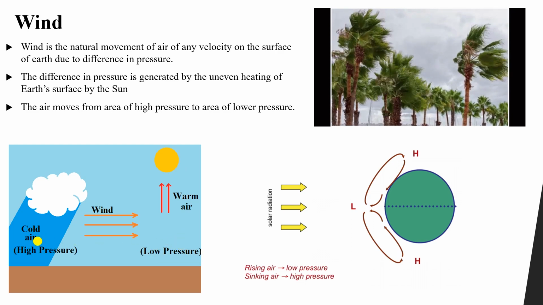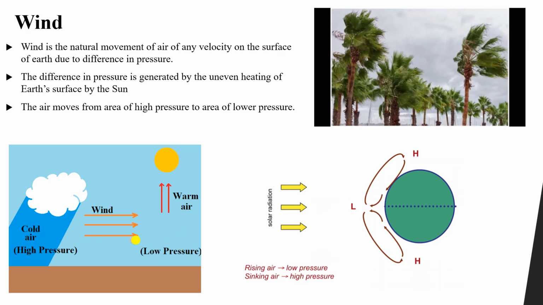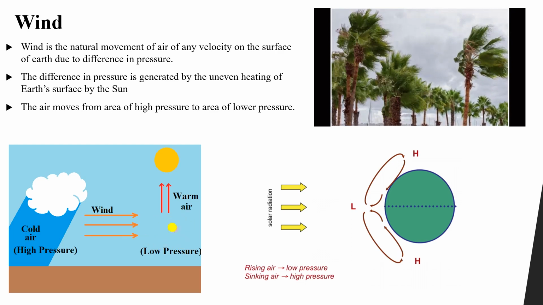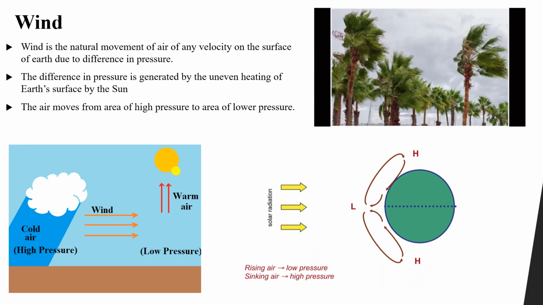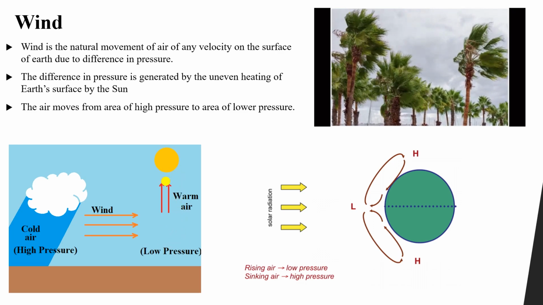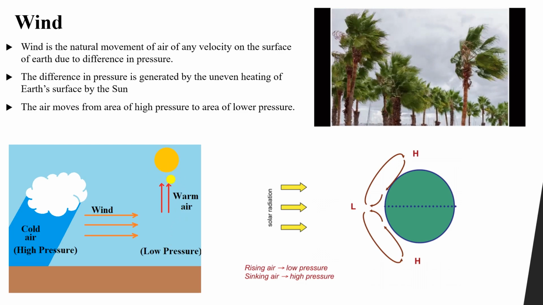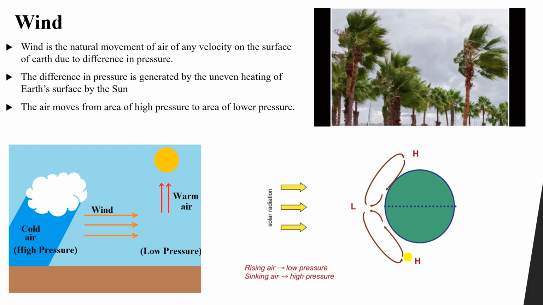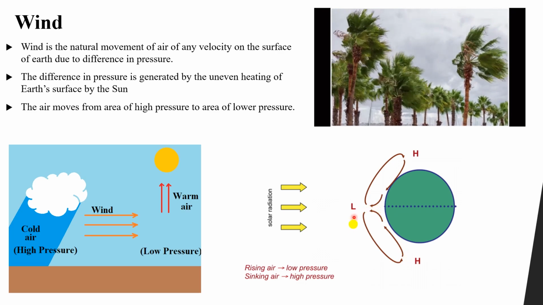So from high pressure to low pressure, the wind starts blowing. Now, when it reaches the low pressure due to the presence of warm air, it will start heating up and moving upward. Then it goes back to the cold area, like this. It moves from high pressure to low pressure, then from low pressure to high pressure.